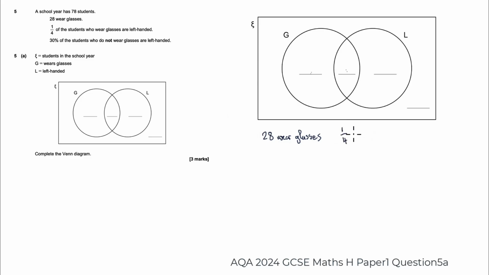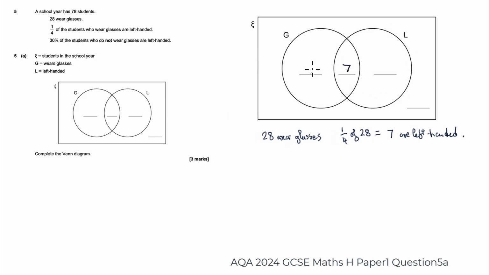Now, a quarter of 28, 4 into 28, 4 sevens are 28, so 7 are left-handed. So we know now that 7 of the students that wear glasses are left-handed.